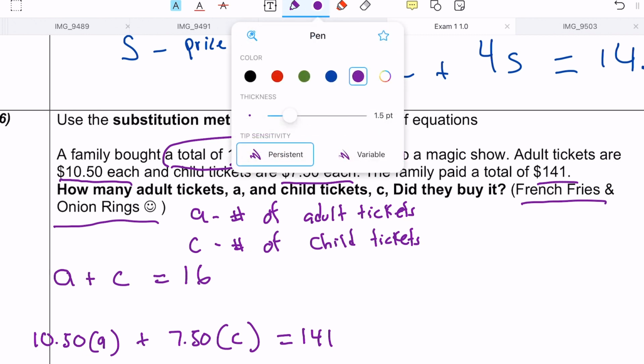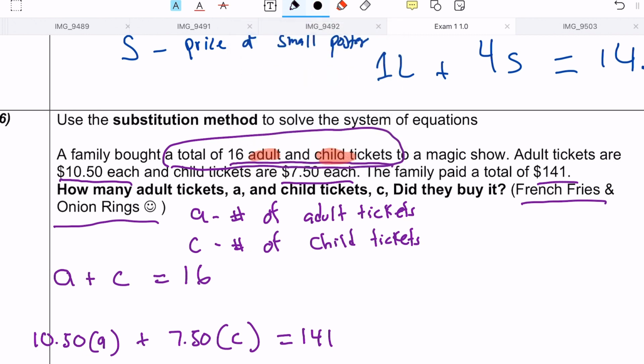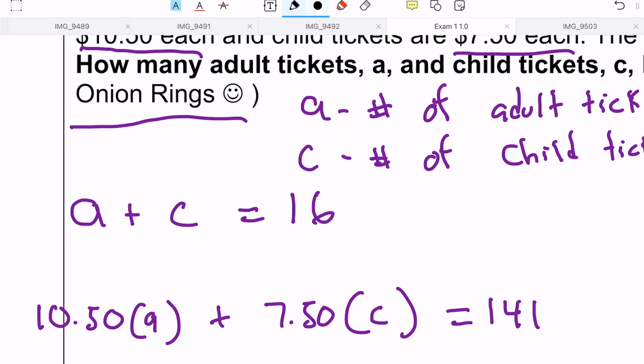Okay. Once I write my equation, I'm going to use the substitution method, right? Where I'm going to swap the French fries for onion rings. However, I see that none of the variables are by themselves. So that's the first step. I have to get one of the variables by themselves.